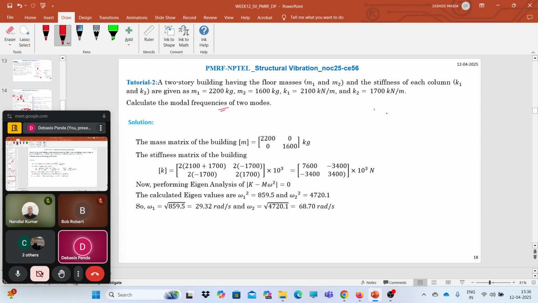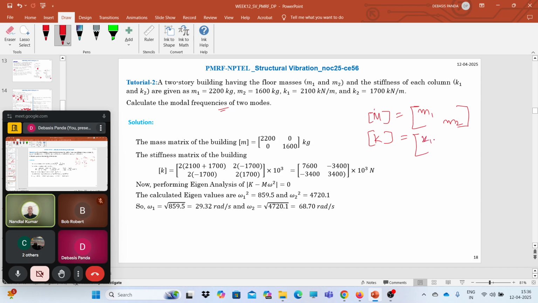First you need to form the M matrix. That's why I am telling you, for the 2 DOF and the 3 DOF system, please remember the structure of the M and K matrix. What is the structure of the K matrix for the 2 DOF system?